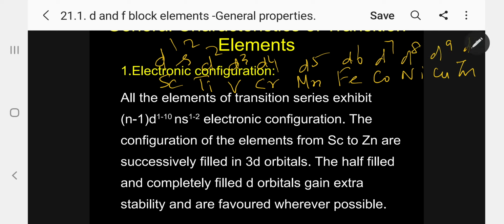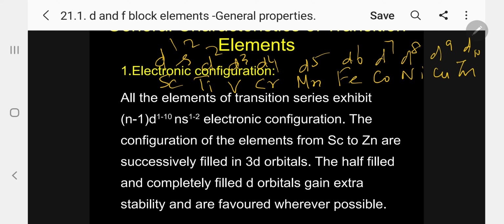So this is progressive, kindly follow. Scandium d1, titanium d2, vanadium d3, chromium d4, manganese d5, iron d6, cobalt d7, nickel d8, copper d9 and zinc d10. So this is the order. Easily you can memorize and keep that.